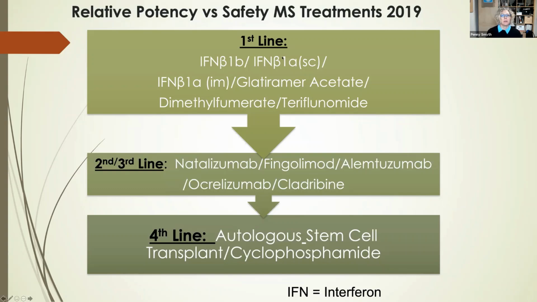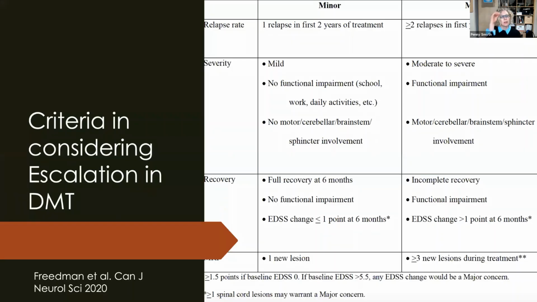And then if people breakthrough or relapse on the first-line therapies, then we can go up to the second-line therapies. And then we can switch in between them if they're not controlled on the second-line therapies. And then if they break through all of these, or some of them, then we can consider autologous stem cell transplant, which we do rarely, but can work really well for the aggressive people.